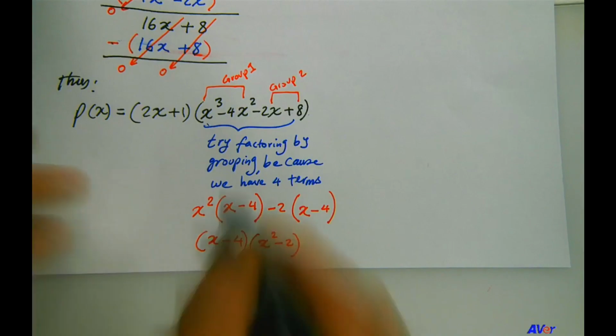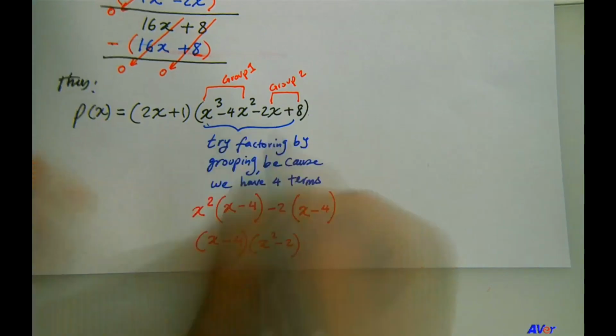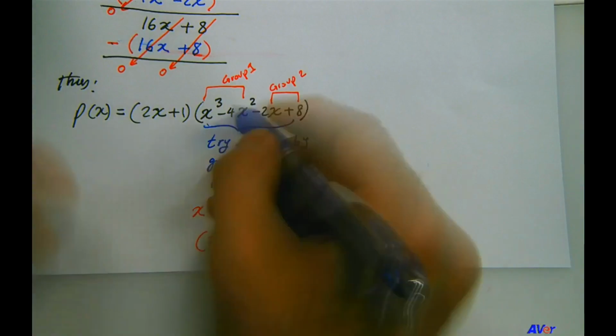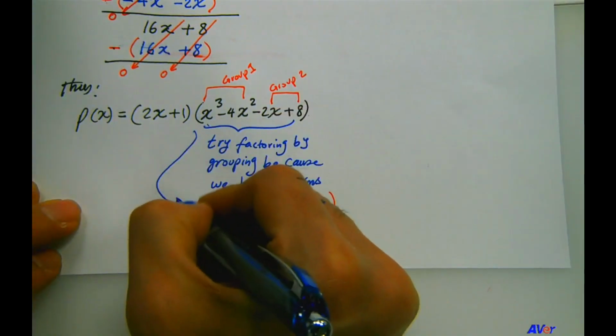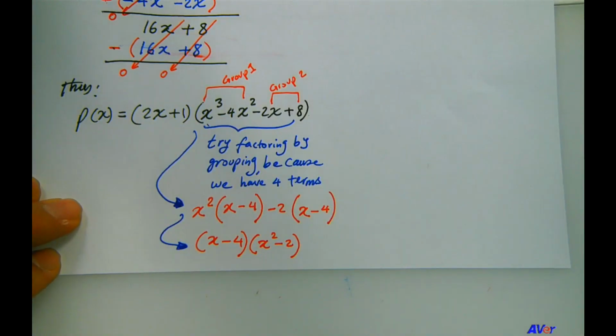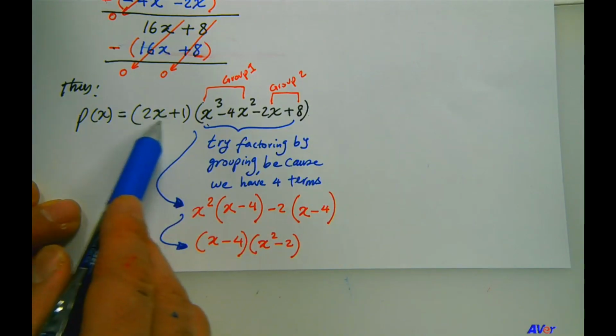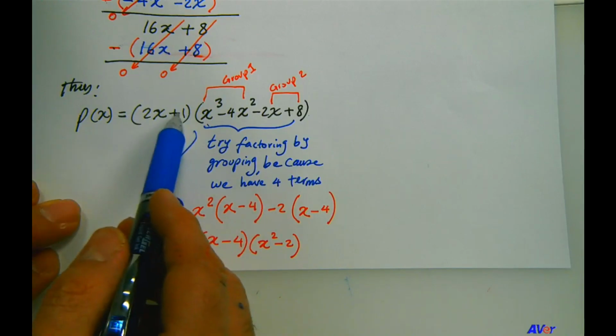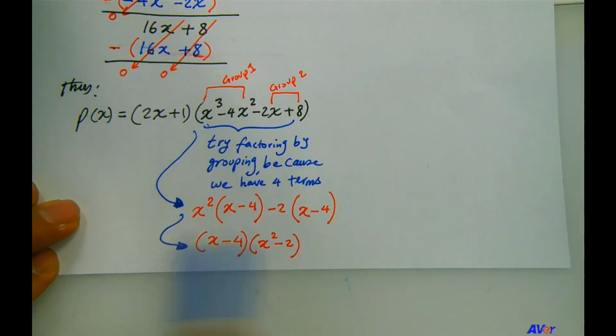So from here, we end up here. And from here, we end up here. Okay? Using factoring by grouping. And we can stop there. This will give us a nice full factorization in combination with that, right? So now this factor times these two factors give us the full factorization of the original polynomial.